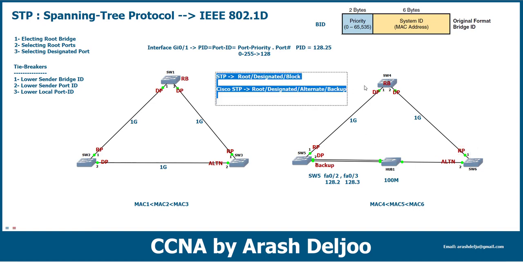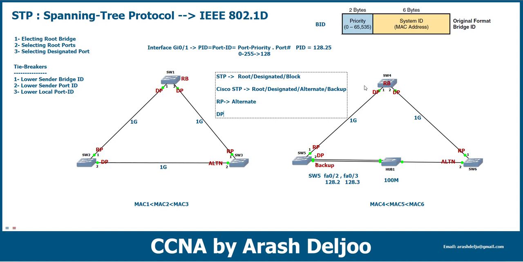Because of that, we call it the alternate port. If the root port fails, the alternate port can be a new root port. Also, when the designated port fails, the backup port can be converted to the designated port. Look at here. Assume that port 2 of switch 5 has now failed. After that, port 3 of switch 5, you know, is the new designated port.